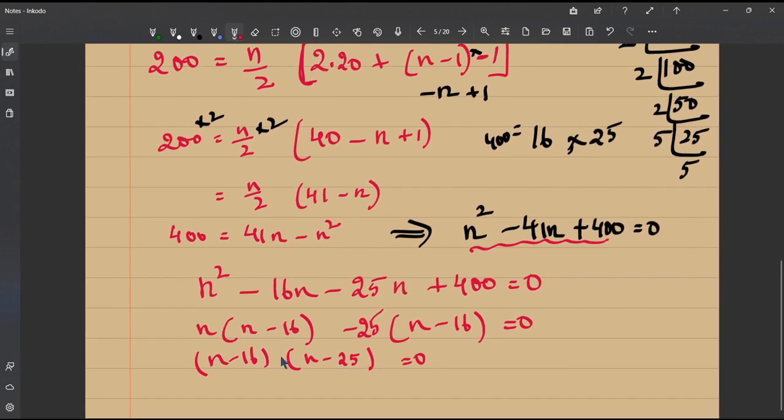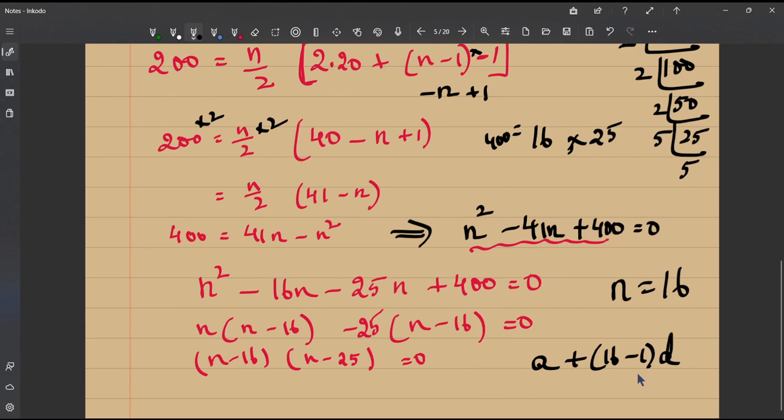How many rows are the 200 logs stacked in? It would be n is equal to 16. Now the second question was, how many logs would be there in the 16th row? Because 16 is the topmost row, how many logs would be there? This can be easily answered by looking at the number of logs in the 16th row. It would be a plus 16 minus 1 into d.